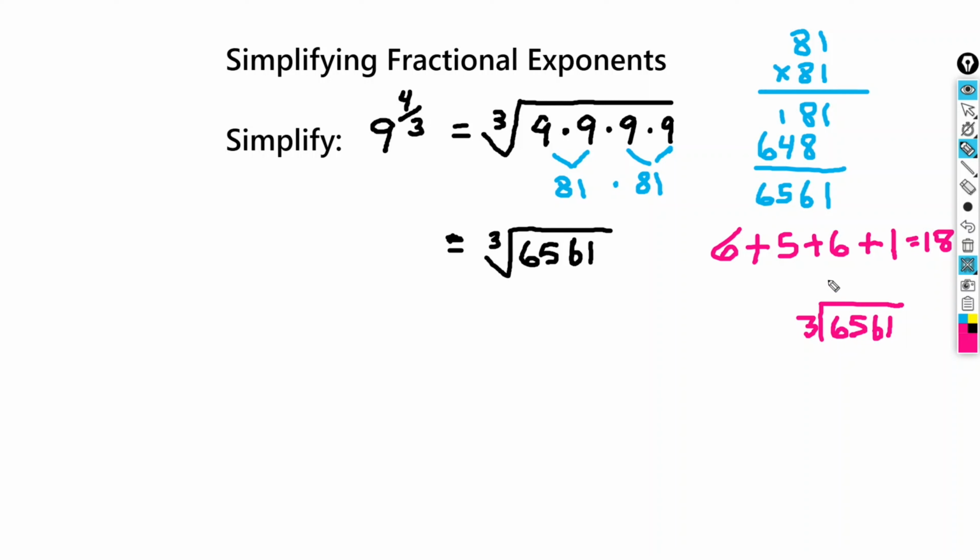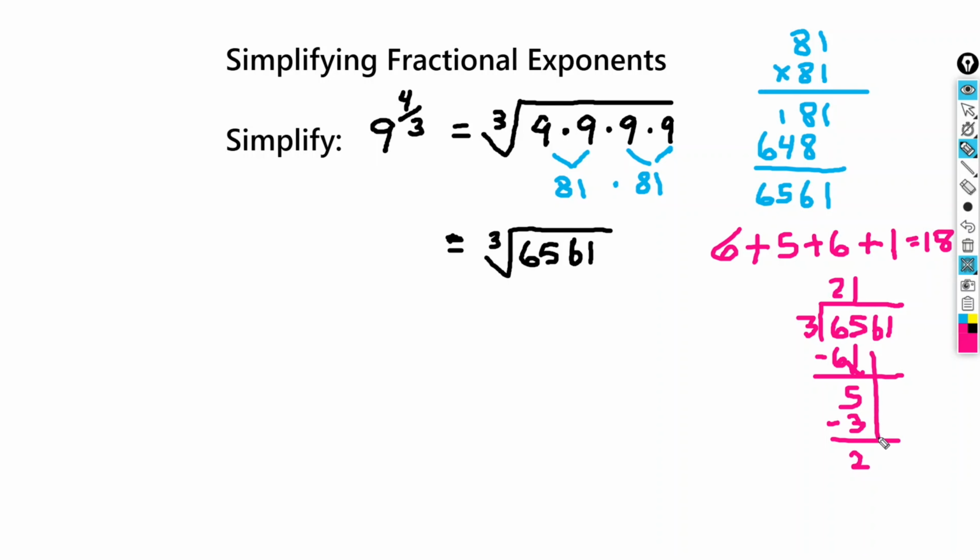And divide it by 3, so 3 goes into 6 twice. So we have 6 here. That leaves 0. We bring down the 5. 3 goes into 5 once. So 5 minus 3 is 2.